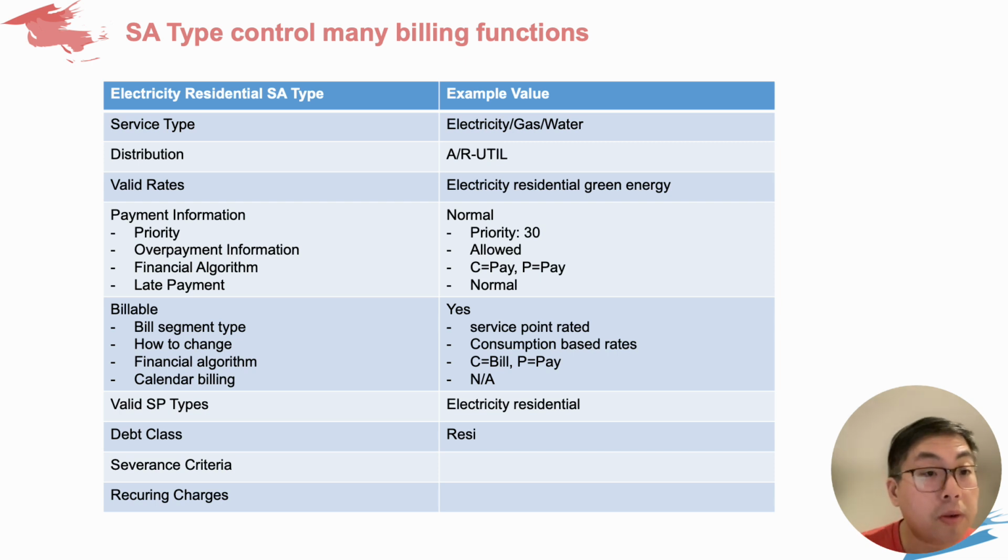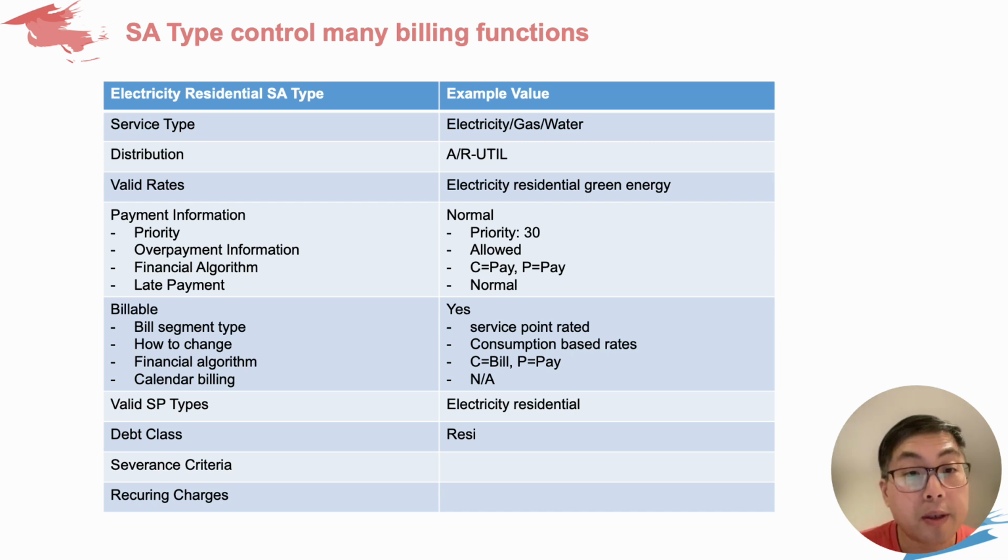And financial algorithm, like the payment is credit, and for the billable, the charge is bill and the payment is pay. Okay, and also you can define what is the valid service point type, which means for this type of service, what type of service point we can assign the consumption from.